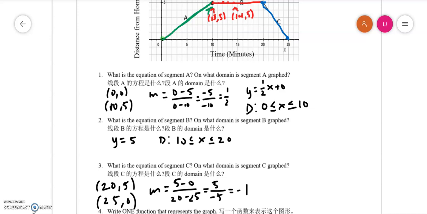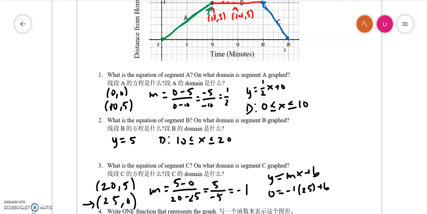Now we're actually going to have to go find our y-intercept because we don't have a point that crosses the y-axis. So I always like to use the points that have 0 in them if possible. So we have y equals mx plus b, and I will sub in this second point. 0 equals negative 1 times 25 plus b.